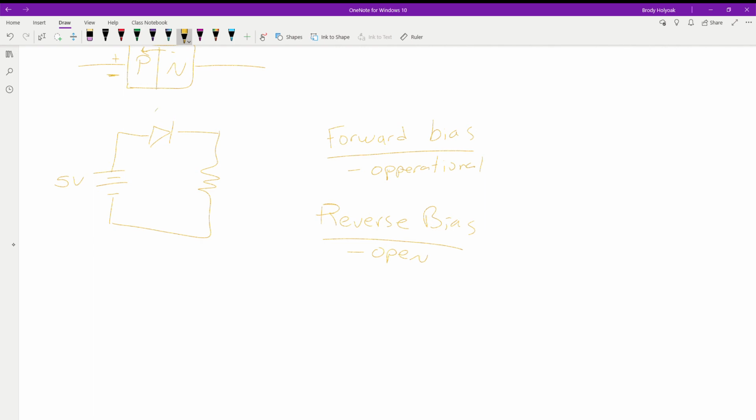We'd have 0.7 volts here, because it is in forward bias, and 4.3 is dropped across the resistor.